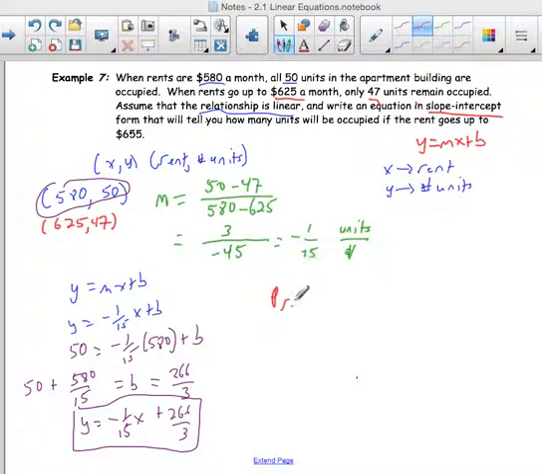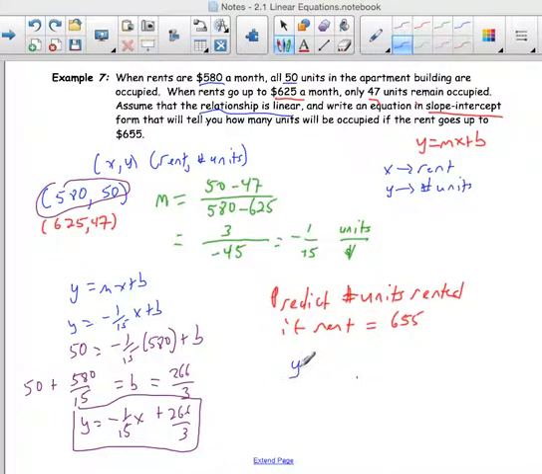The last part of the problem says to use this equation to predict the number of units rented if the rent is equal to $655. So we can substitute in 655 for x.